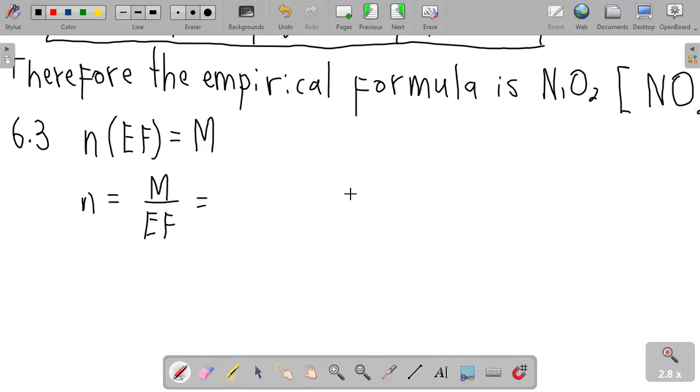The EF mass is going to be 1 multiplied by 14 plus 2 multiplied by 16.